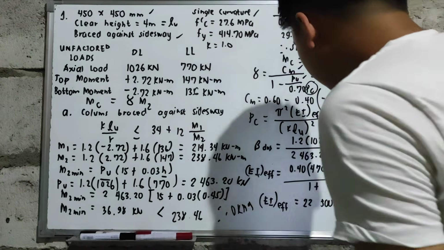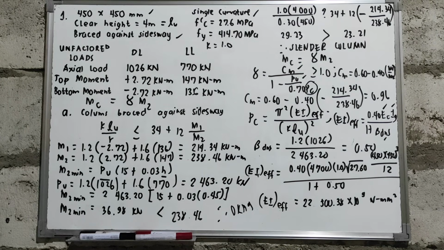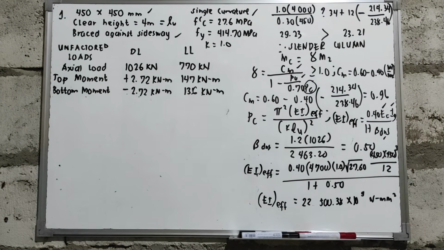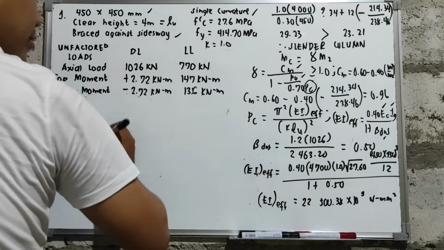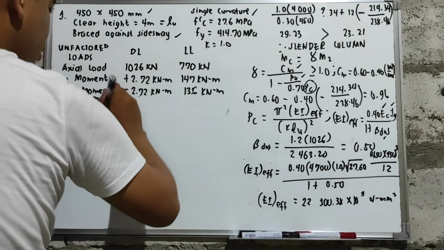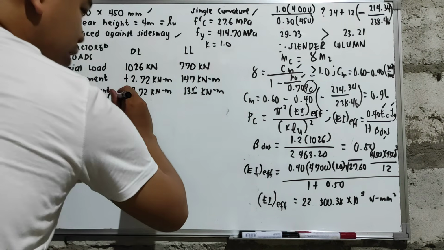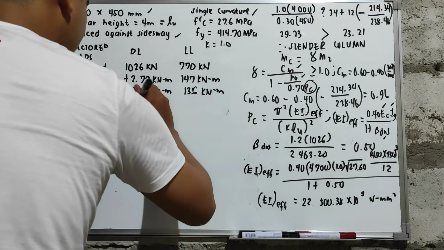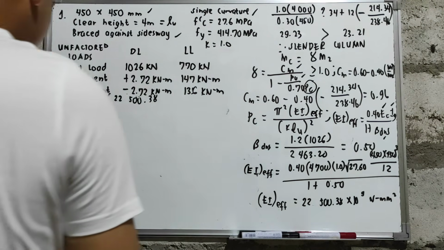So after we calculate for the value of your EI effective, we can now calculate for the value of your critical load. So let us now solve for the value of your critical load. So that is equal to P sub C is equals to pi squared. So yun na-compute natin na EI effective, which is equal to 22,500.38 times 10 raised to 9.